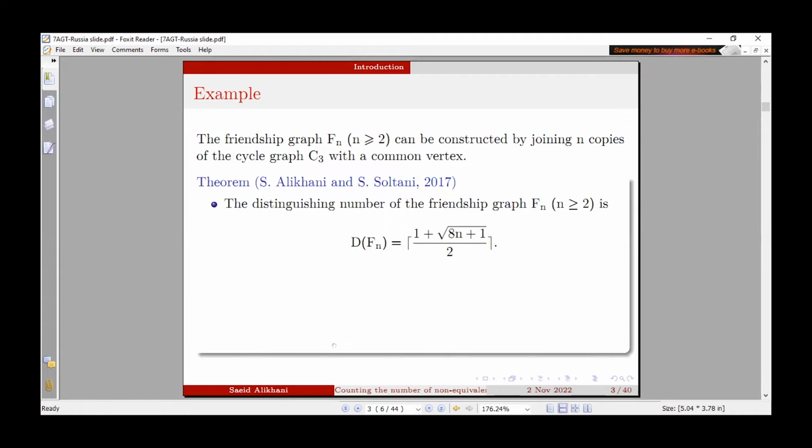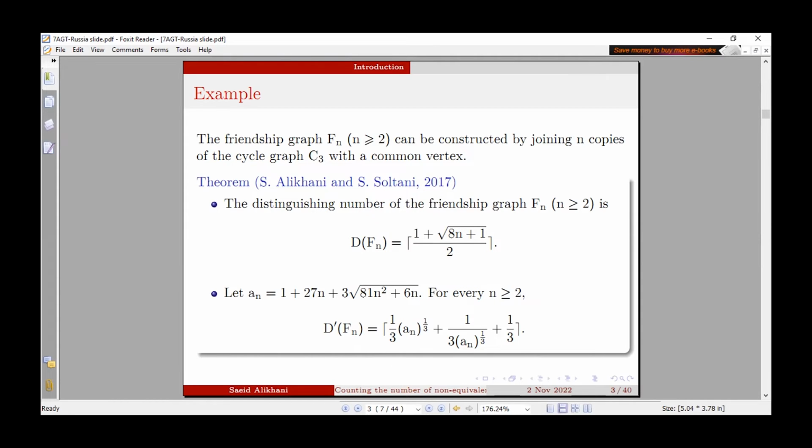And so, for example, you see here, me and my former PhD student Saeid Soltani in 2017 proved that the distinguishing number of the friendship graph, which is the join of K1 and nK2, is obtained by this ceiling formula. And also for the edge version, you see the number again is a ceiling formula, which is harder than in the vertex version.